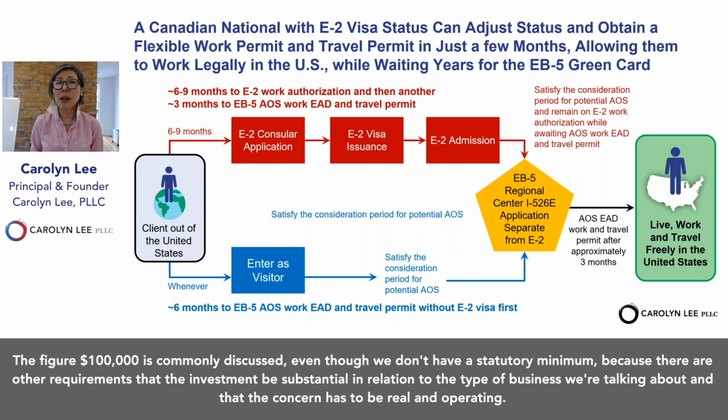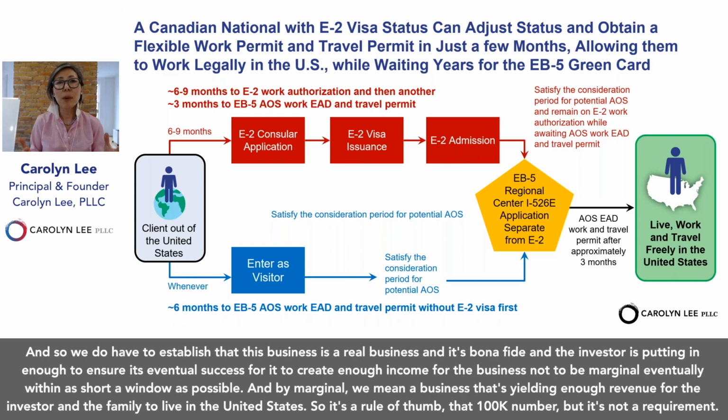The figure $100,000 is commonly discussed, even though we don't have a statutory minimum, because there are other requirements that the investment be substantial in relation to the type of business we're talking about, and that the concern has to be real and operating.